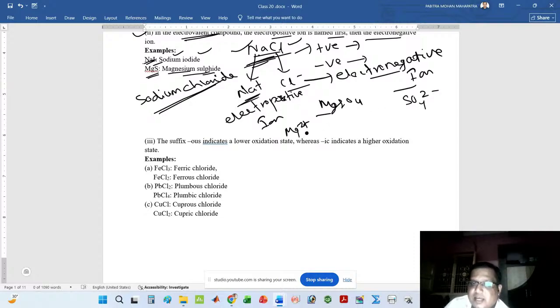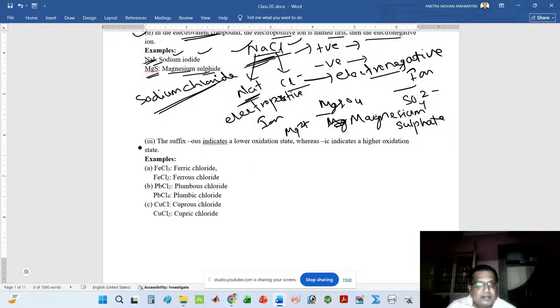So here magnesium is named first, then the sulfate. So the name of MgSO4 is your what? Magnesium sulfate. So remember, for naming an ionic compound, the electropositive ion is named first, then the electronegative ion.